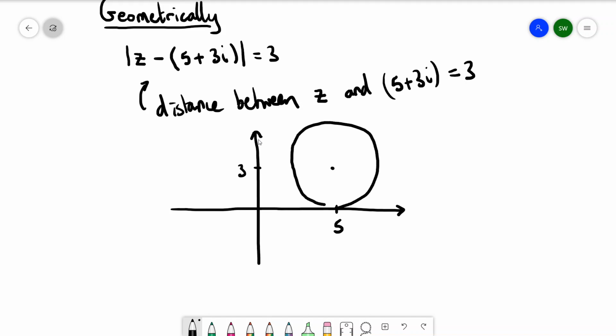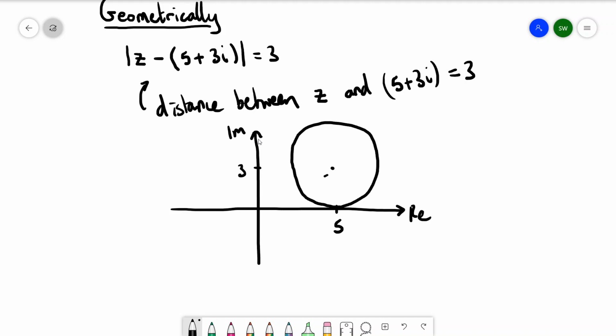It's going to be a circle. Now notice that I've shown that it touches the real axis. That's really important. If it didn't touch the real axis or went over the real axis, then the examiner wouldn't be convinced that you know that this has radius 3. But this shows really clearly that it has radius 3.